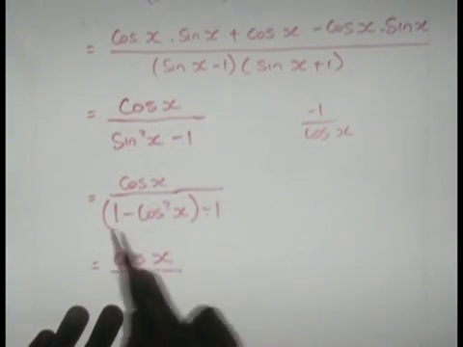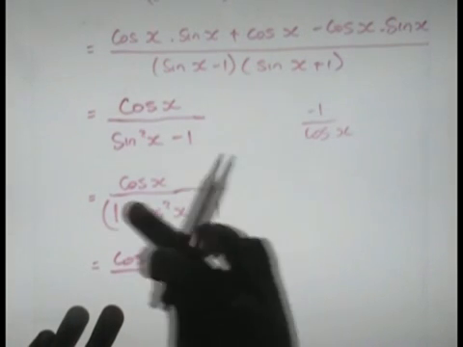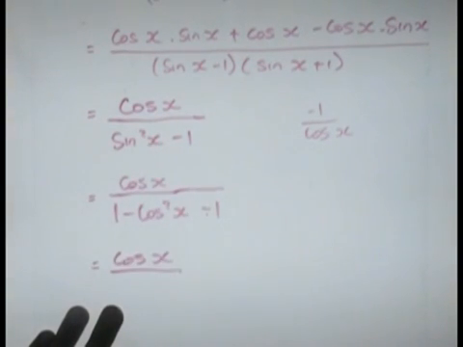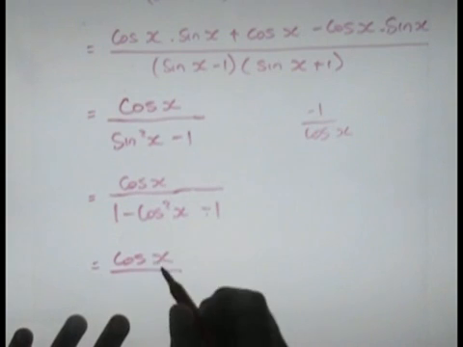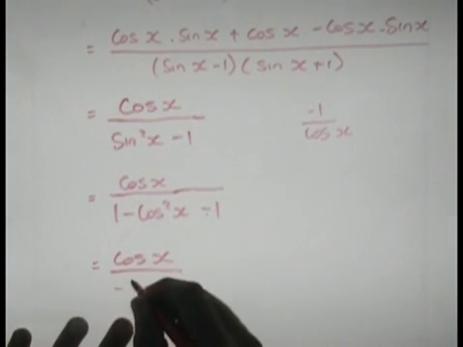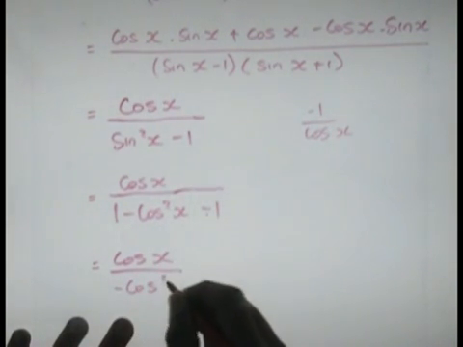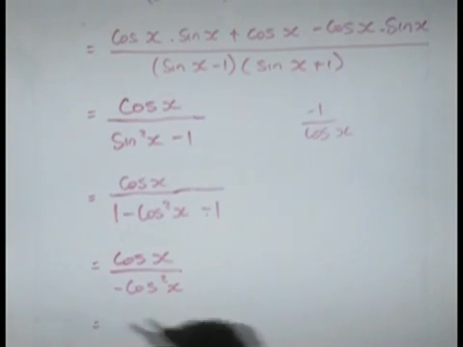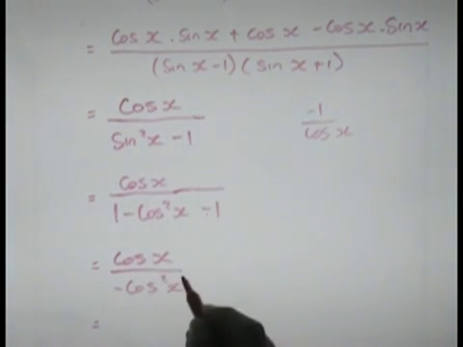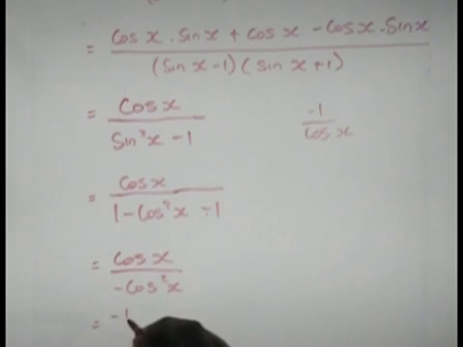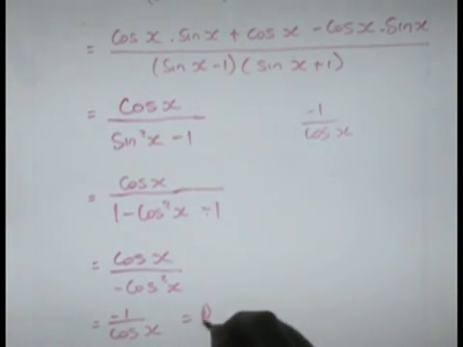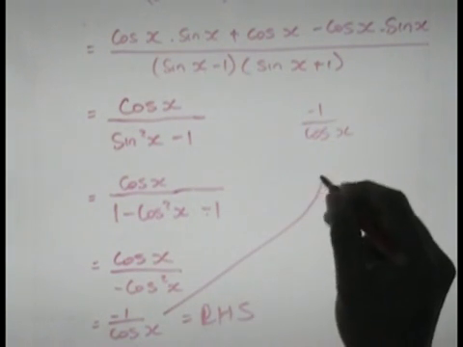If I can just take the brackets away because there's no multiplying by the bracket. 1 minus 1 cancels each other out, which gives me an answer of negative cos squared x, which cos x and cos squared x will cancel to leave me with negative 1 over cos x, which is equal to the right hand side.